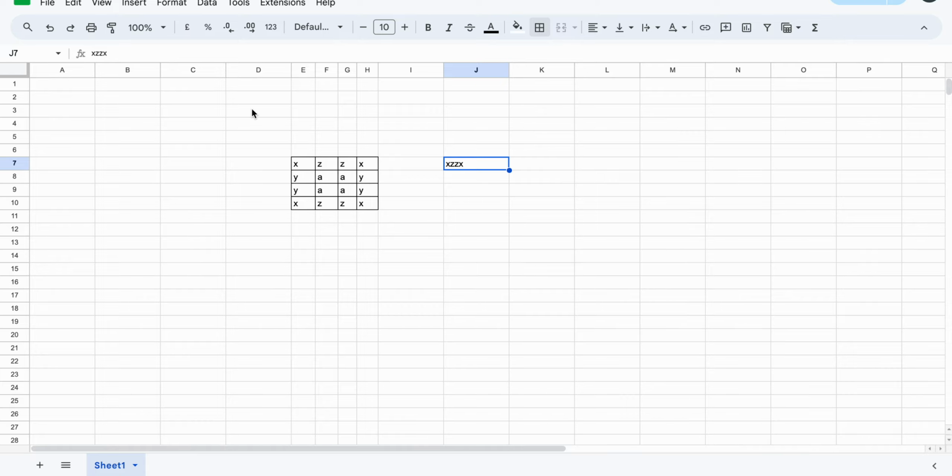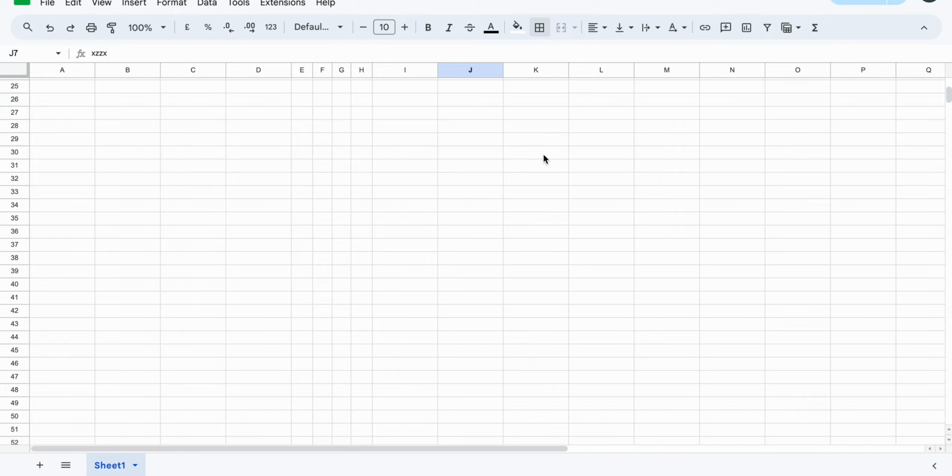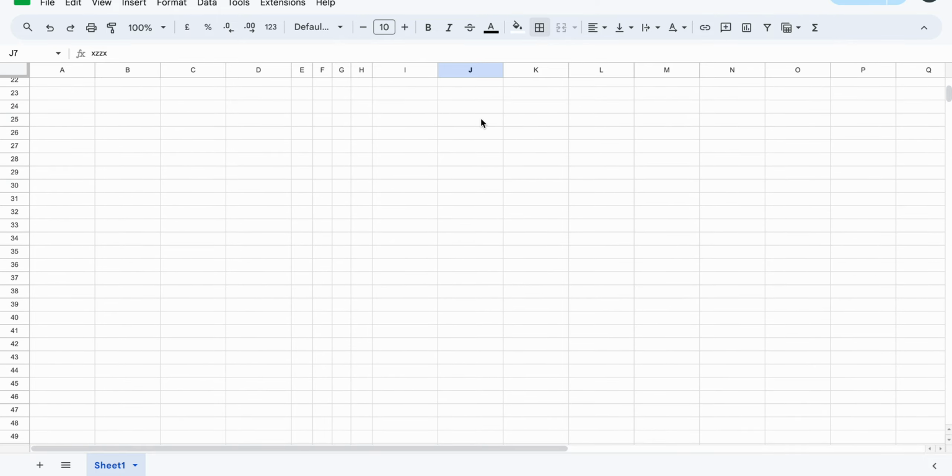So this is the case of an even matrix or square matrix. Square matrix in the sense the number of rows is equal to the number of columns. But now let's consider a matrix which has 5 rows and 7 columns.